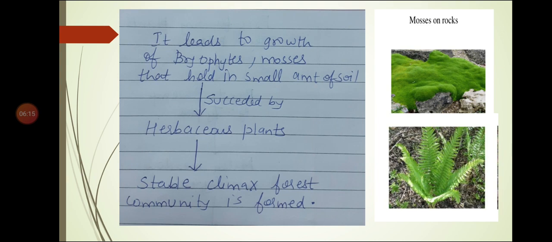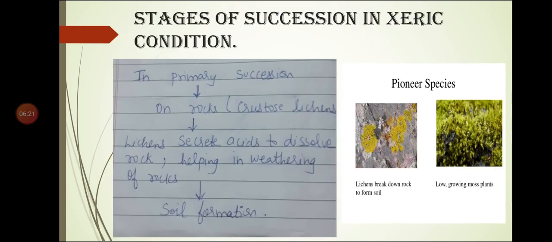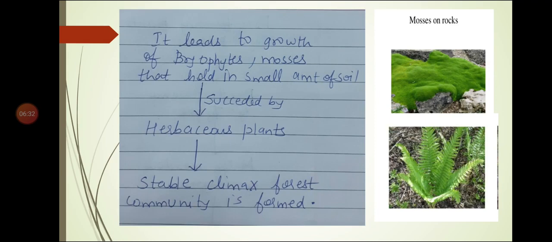So how succession takes place in xeric condition is: first rocks are present, on the rocks lichens are present, lichens secrete acids, because of the acids rocks are broken down and it leads to soil formation. When there is soil, it leads to the growth of bryophytes and mosses, succeeded by herbaceous plants, and finally a stable climax forest community is formed.